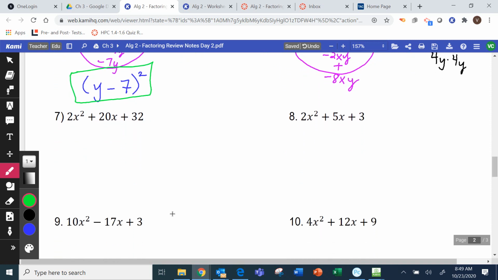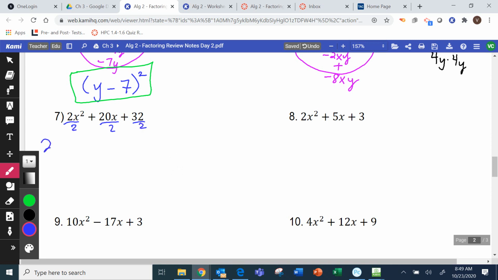All right, next question. What should we do first? Yell it out loud. Greatest common factor. Apparently only one person knew that. What is the greatest common factor? 2.